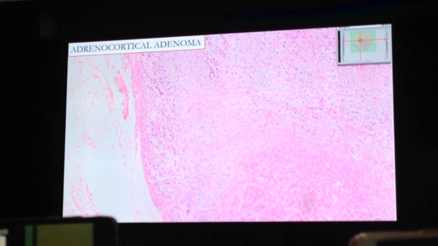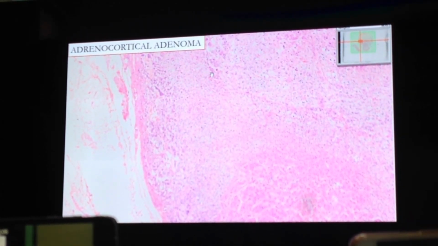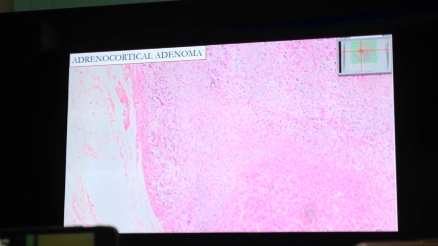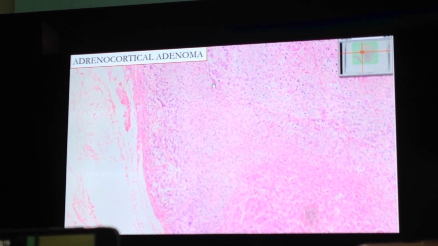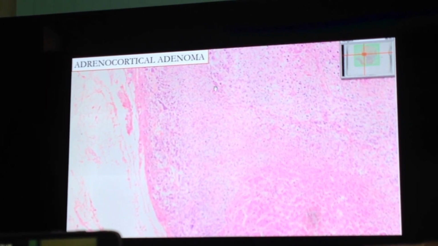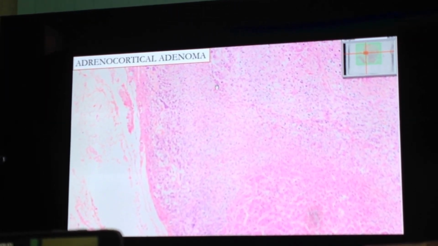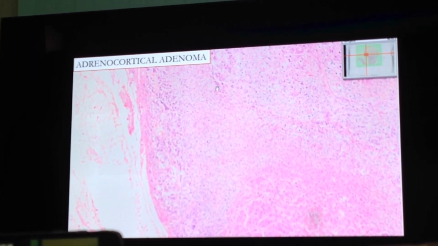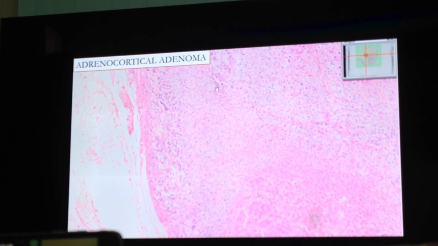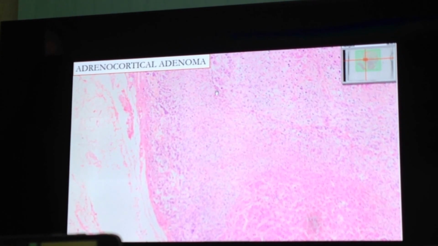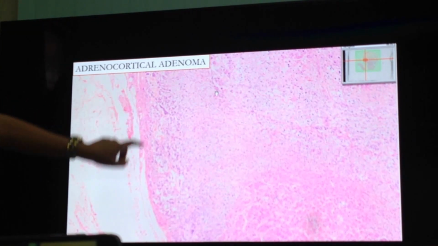Hyperfunctioning, unlike that of the carcinoma, it usually releases hormones. Example, hormones released by adrenocortical carcinoma is androgen, so patients would present with hirsutism. They are well encapsulated.